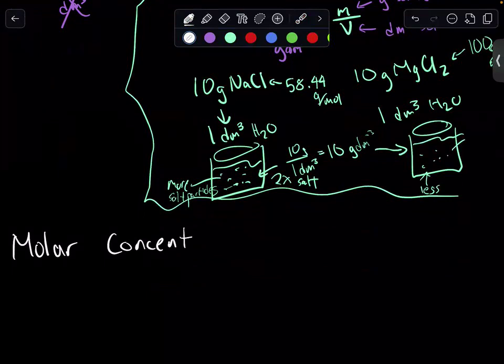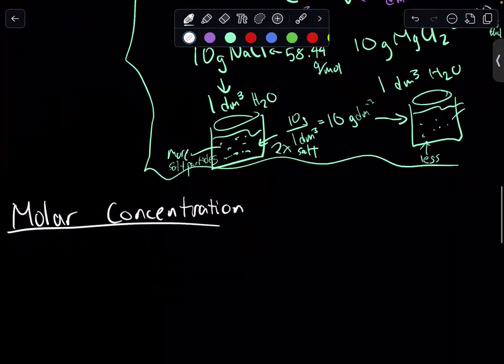So, concentration. I will reiterate this one because it's far more important. When you go into a chem lab and you make some solution, let's say we have a bottle, it's going to have some liquid in it, and it'll have a nice little label.